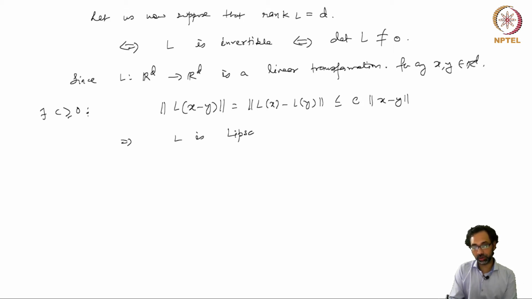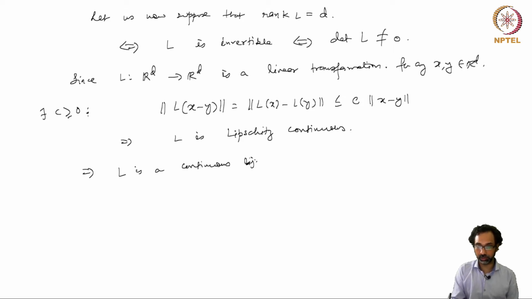If you recall what a Lipschitz function is, this is exactly the definition of a Lipschitz mapping, and L being Lipschitz means also that it is a continuous map. So L is, in our case, a continuous bijection, which implies that L is a homeomorphism of R^d.